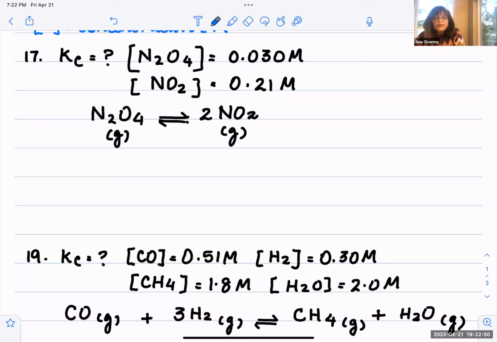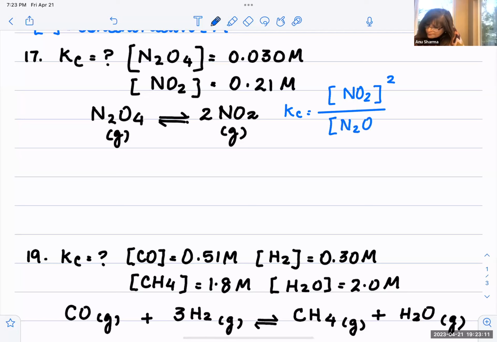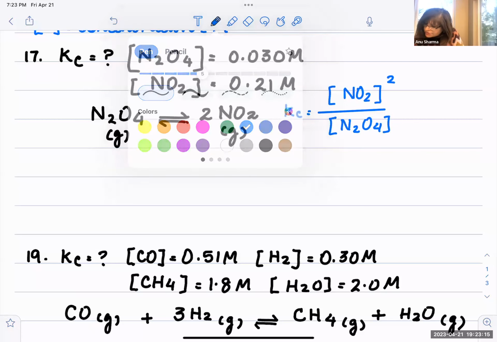Here the equation is given to you: N2O4 gives 2 moles of NO2. So what is the value of Kc? Write down the expression first. Kc is the concentration of nitrogen dioxide, which is the product, raised to the power 2, over the concentration of N2O4, and then just 1. Let's plug in the numbers.